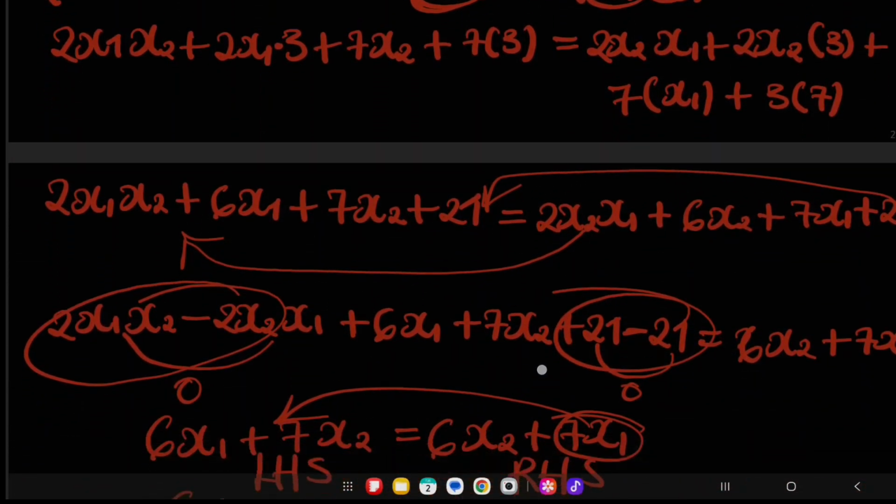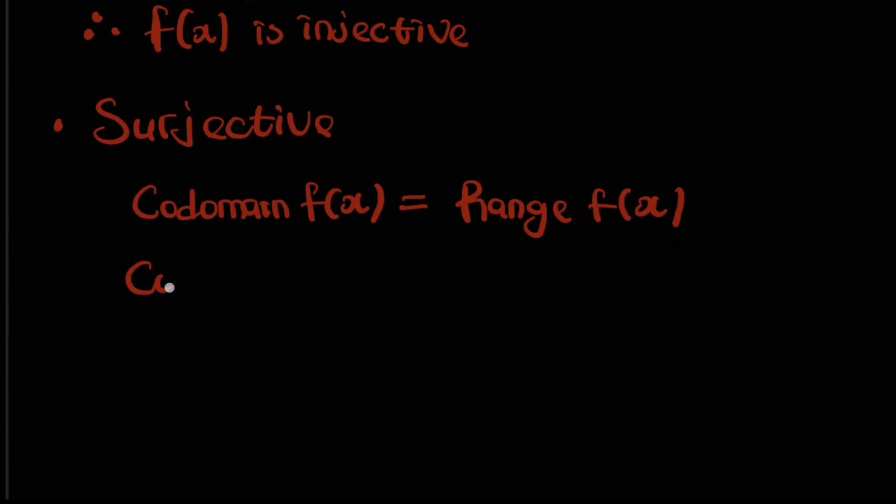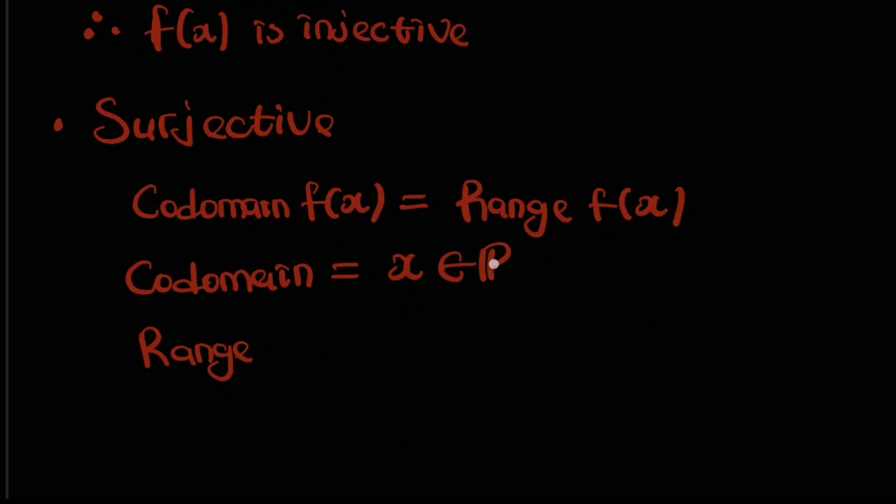So if we combine these two, we have our codomain is set of real numbers and our range is x, an element of real numbers, and x is not equal to 2.